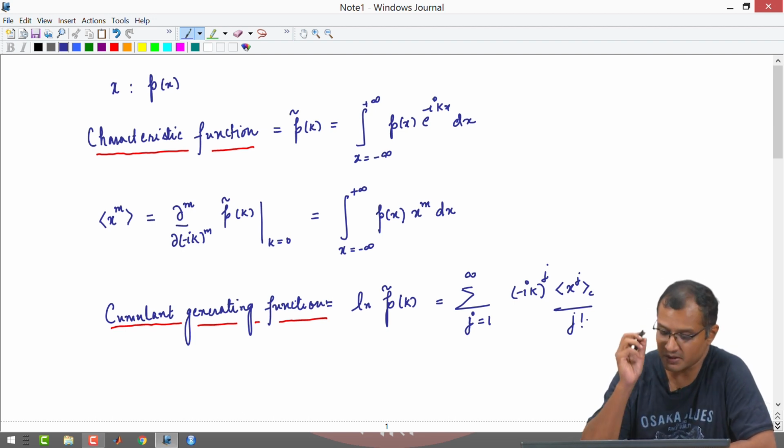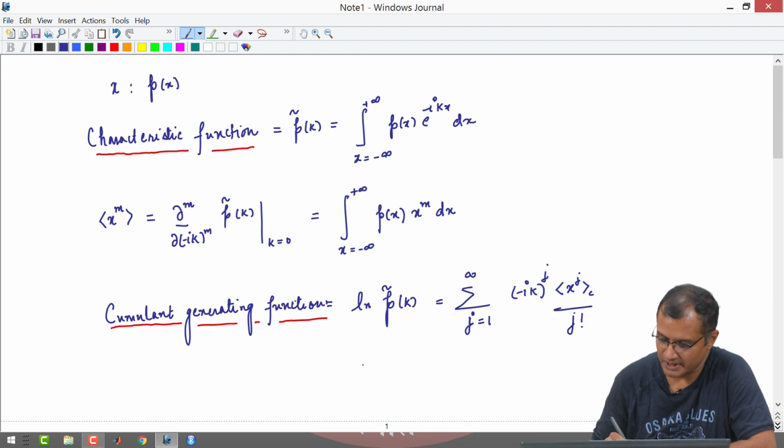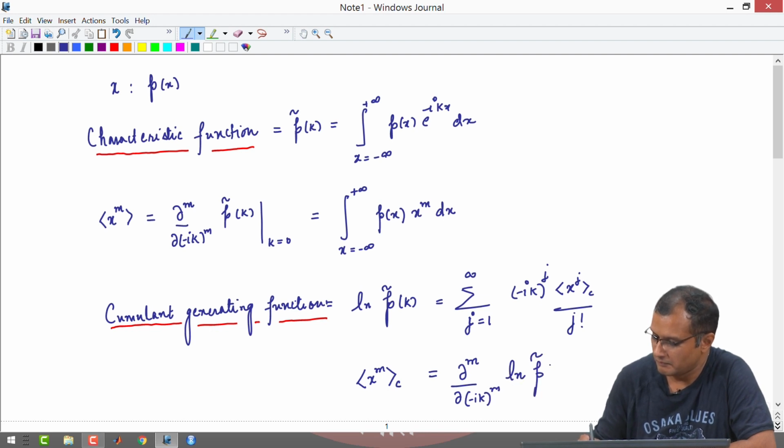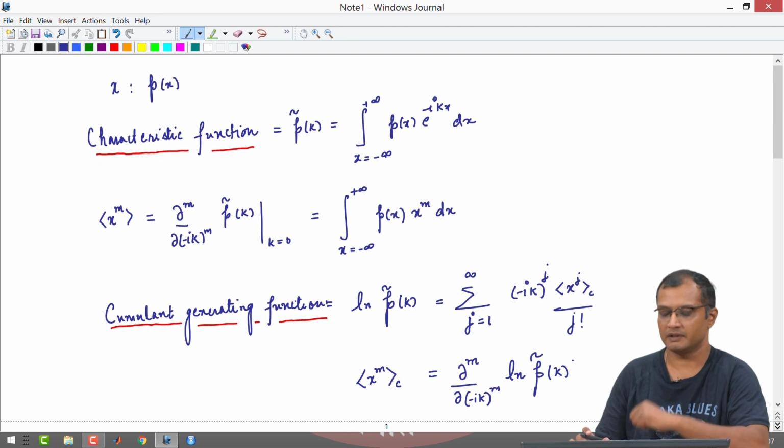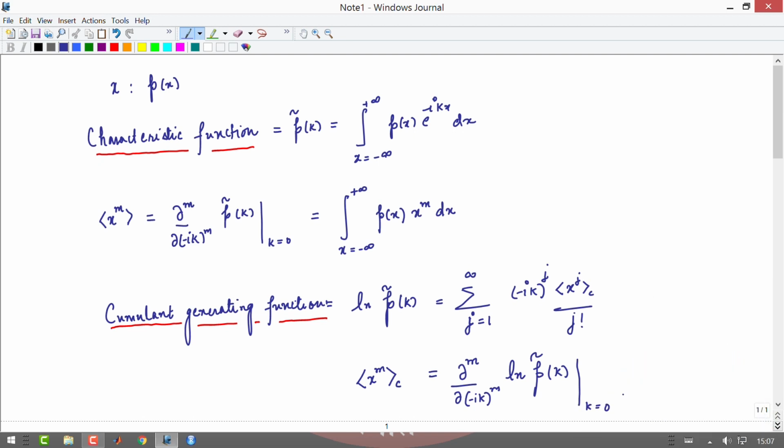And if you look at this expansion, it is straightforward to see that any mth cumulant can be extracted by simply taking the mth order derivative of the cumulant generating function. So, if you take the mth order derivative of the cumulant generating function at k equal to 0, this will give you the mth cumulant, which is nothing but extracting the coefficients of the mth cumulant from the series expansion.